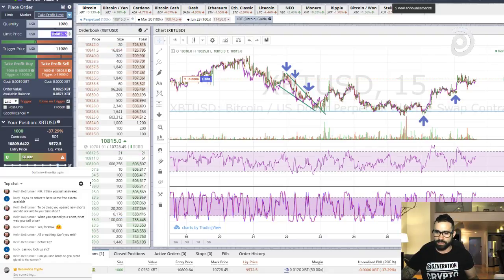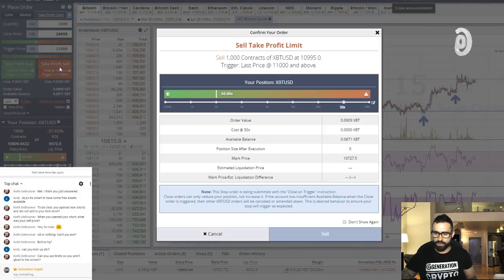It's not going to sell at that price. Let's just call it 10,995. And that would be my take profit sell. So I can do that. Sell 1,000 contracts at 10,995, trigger price 11,000 and above.